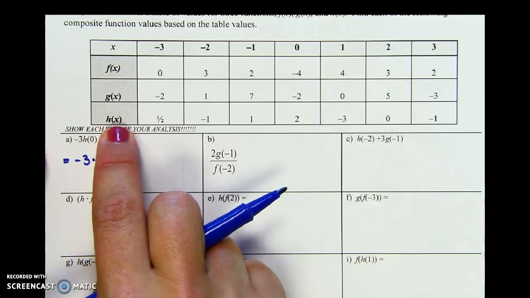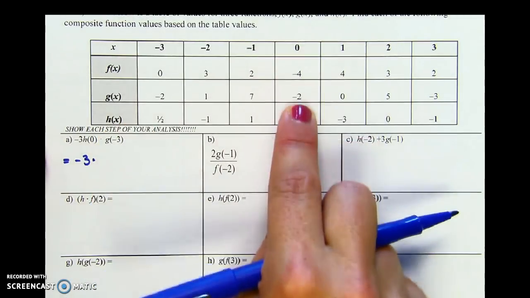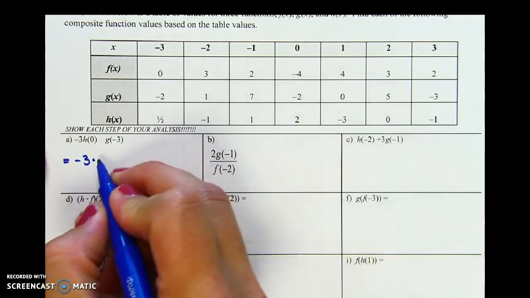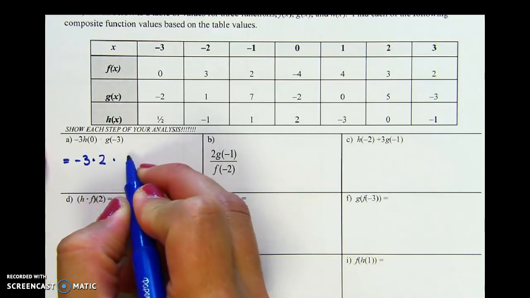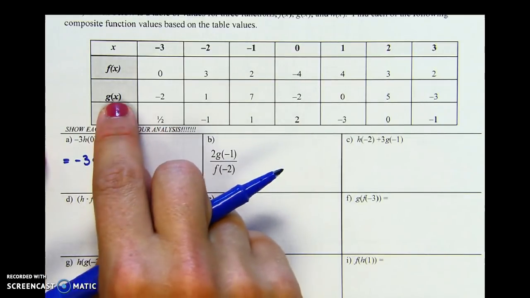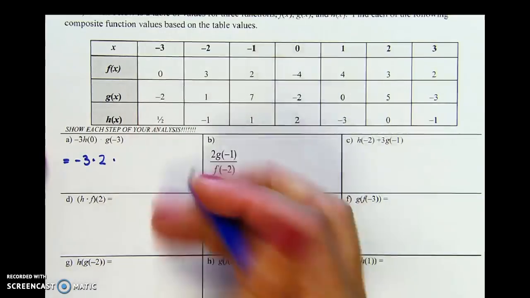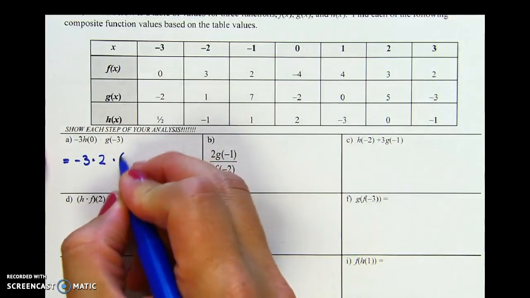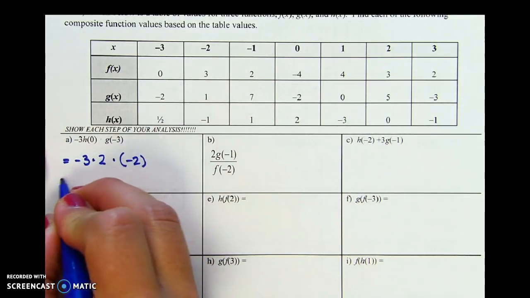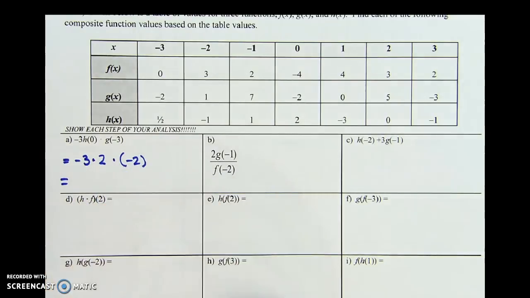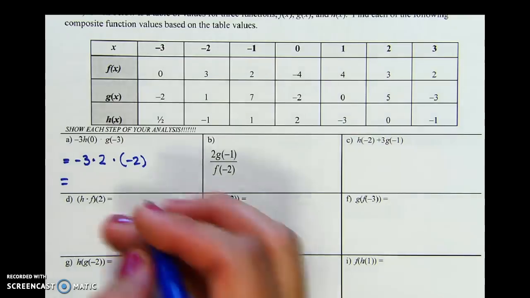So here's h. H of 0 is 2, times g of -3. G of -3 is -2. Whoops, that was fancy. -3 times 2 times -2. Answer?